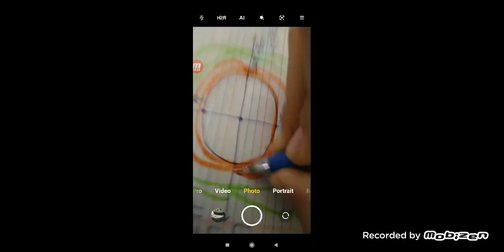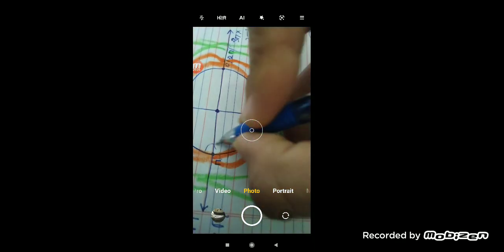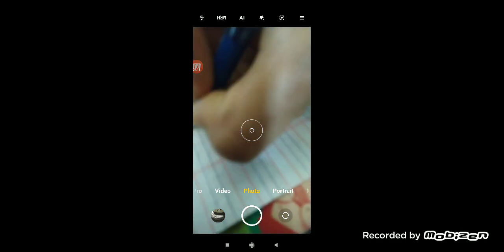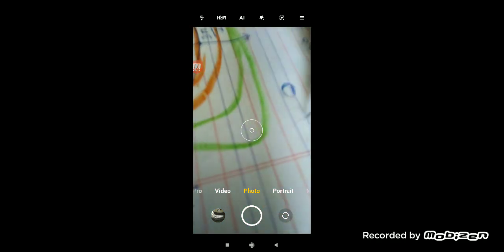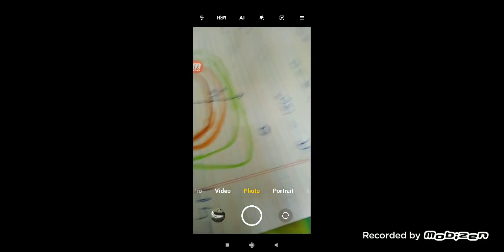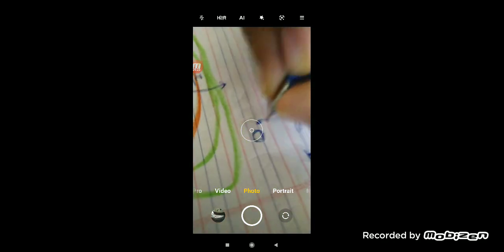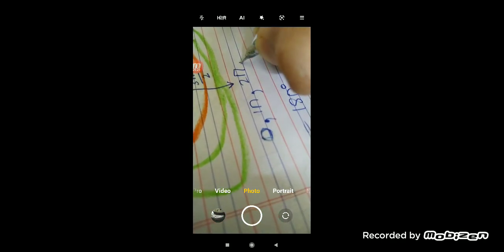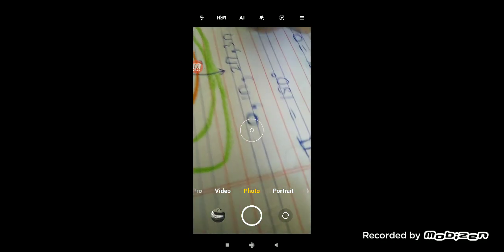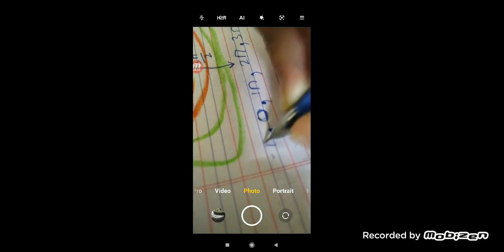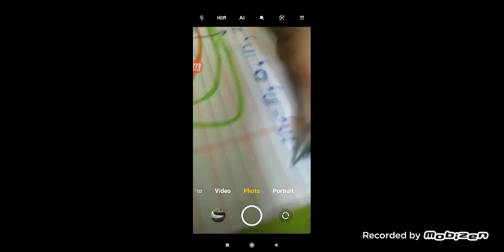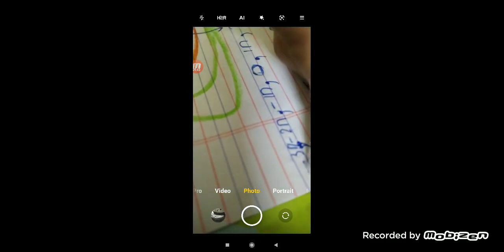And so this point is also the same. From the same logic, this will be 0. This will be 0. This will be 1 pi, 2 pi, 3 pi, and so on, and minus 1 pi, minus 2 pi, minus 3 pi, and so on, right?